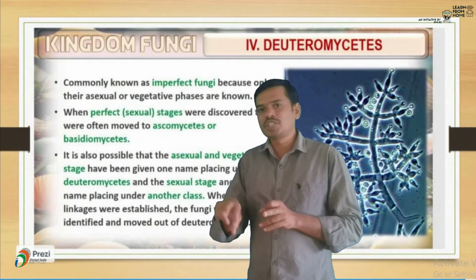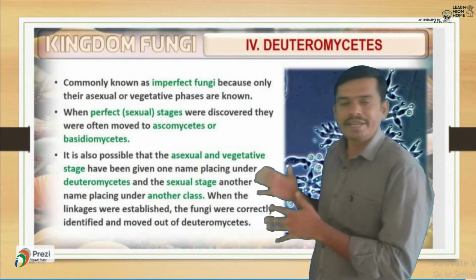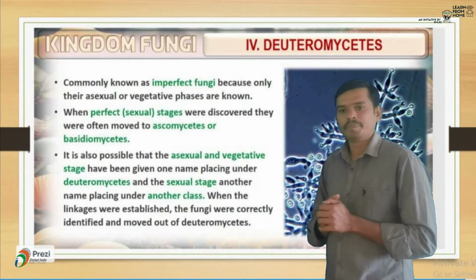When sexual reproduction occurs, they are moved to another class. That is why they are called imperfect fungi.